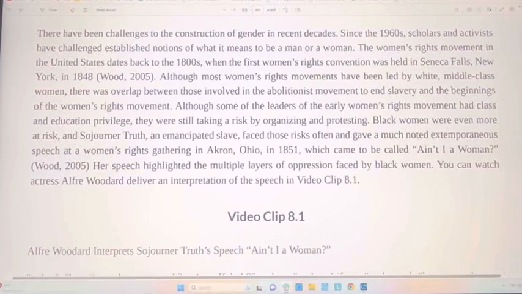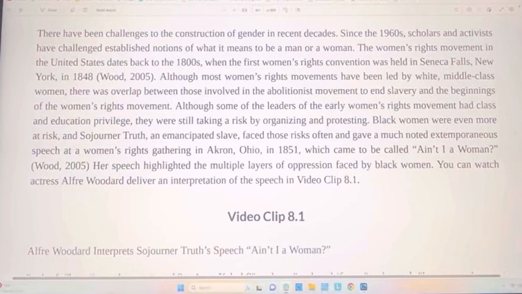There have been challenges to the construction of gender in recent decades. Since the 1960s, scholars and activists have challenged established notions of what it means to be a man or a woman. The women's rights movement in the United States dates back to the 1800s, when the first women's rights convention was held in Seneca Falls, New York, in 1848.